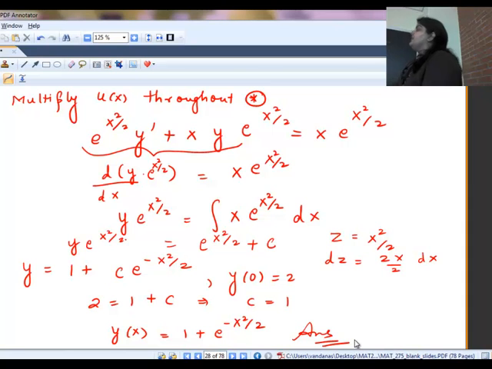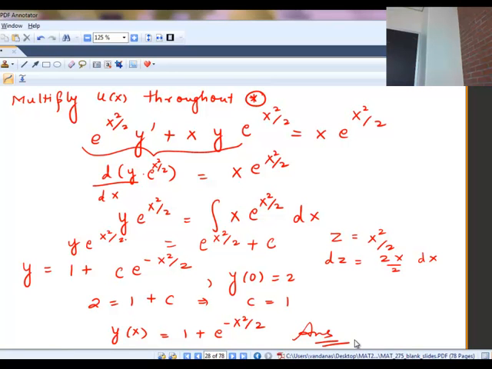Where did I get this? Because I divided this whole equation here by e to the power x square over 2. So this gets cancelled, here it got cancelled, and c times e to the power minus x square over 2 will come, because of dividing the whole equation.